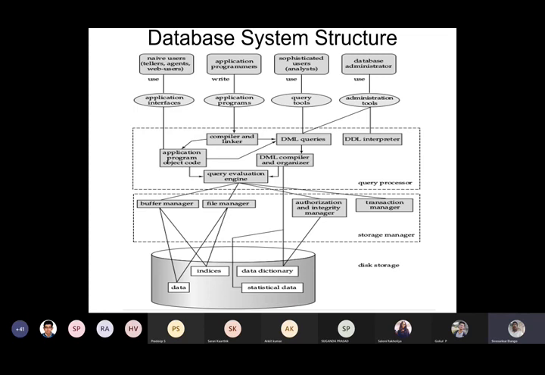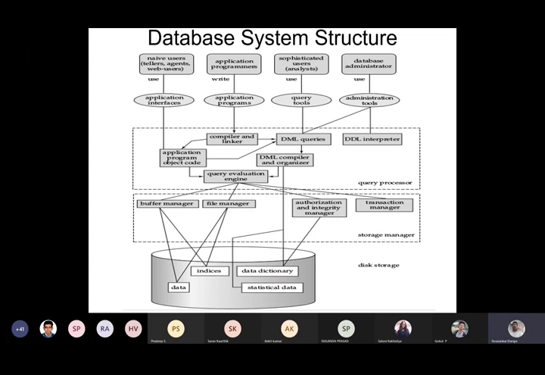They are known as application programmers. Sophisticated users interact with the system by means of a query-based interface, like using a structured query language to interact with the database. We call them sophisticated users.